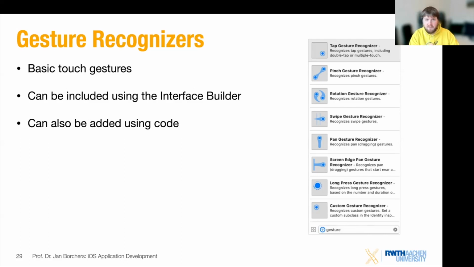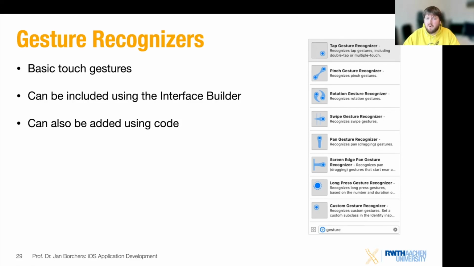For example, in many of the basic apps like the Notes app, panning in from the side will go back to the previous screen, and you can also use that gesture recognizer to detect that. You don't necessarily have to use Interface Builder to add these gesture recognizers to your app. You can also do that in code, creating a gesture recognizer and associating it with your view. These are very basic gestures that are often used, and it's quite handy to have those.